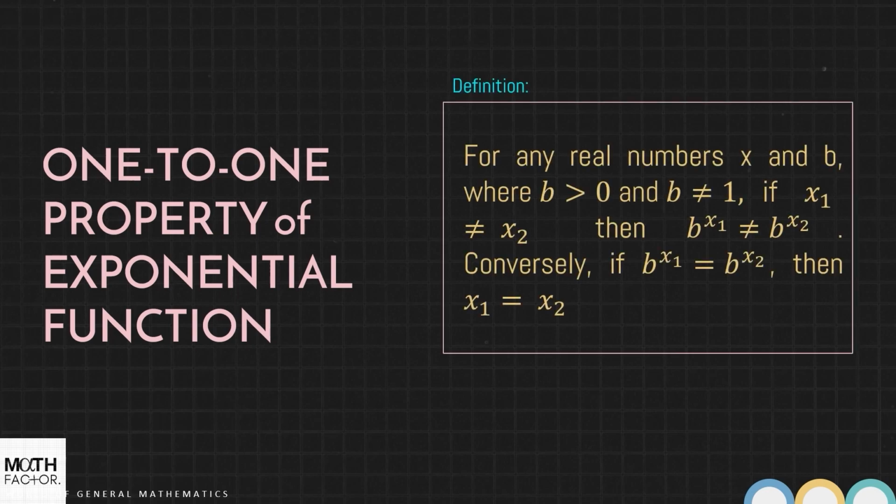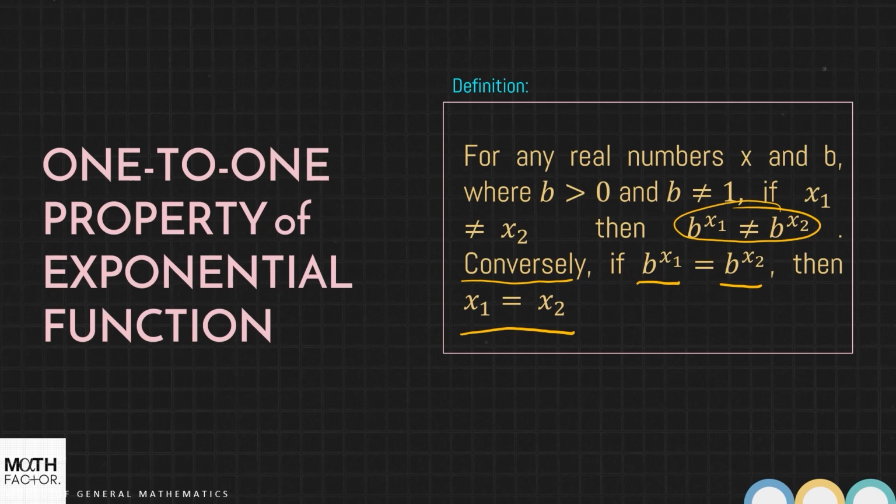So it says, for any real numbers x and b, where b is greater than 0 and b is not equal to 1, if x sub 1 is not equal to x sub 2, then b raised to x sub 1 is not equal to b raised to x sub 2. Conversely, if b raised to x sub 1 is equal to b raised to x sub 2, then x sub 1 is equal to x sub 2.